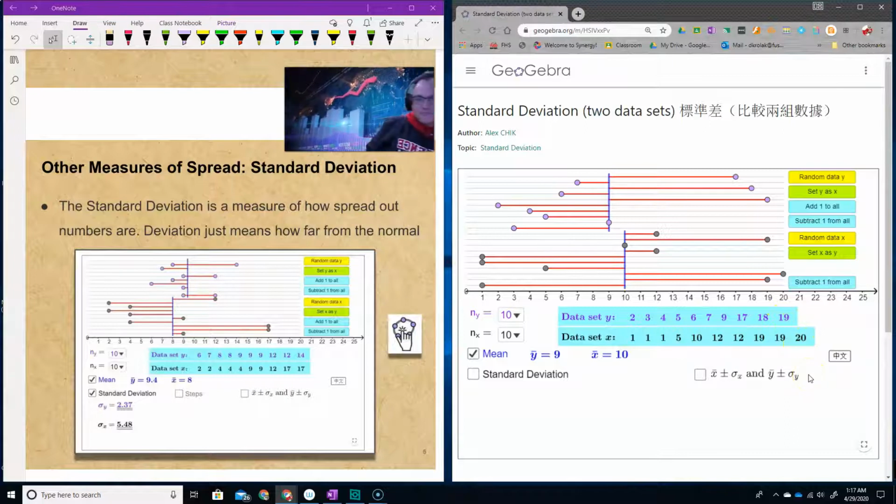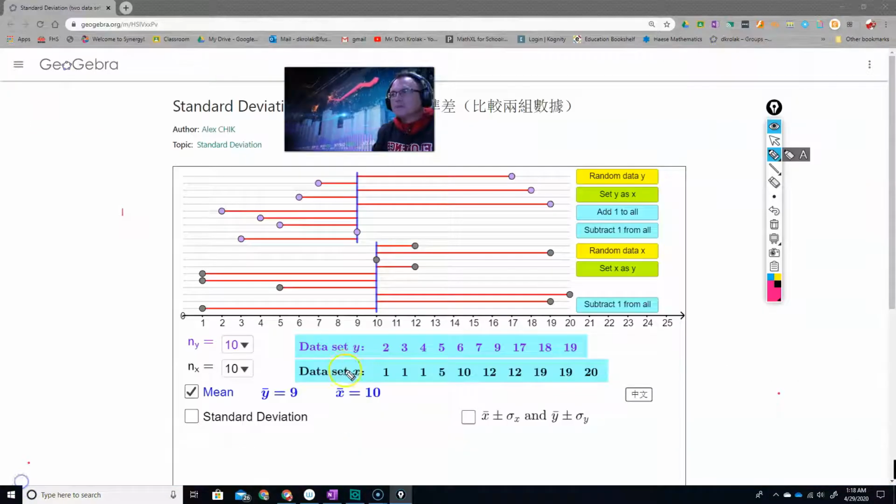Now what the variance is measuring: the variance takes the data point. So for example, let's take a look at this set X, the gray ones. It has a data point that is 1. Its mean is 10.